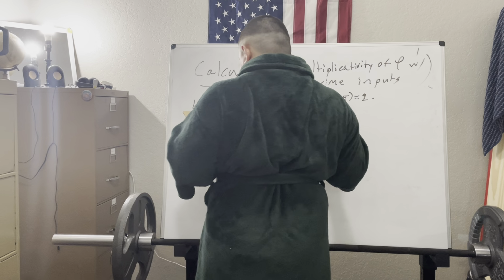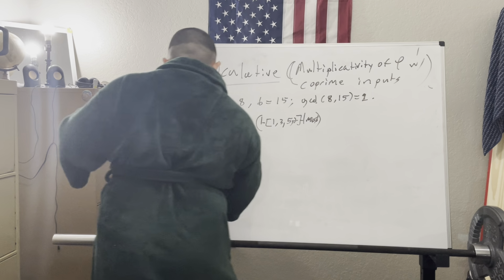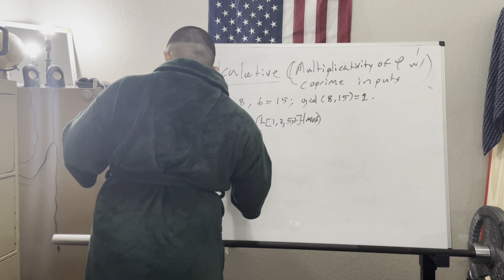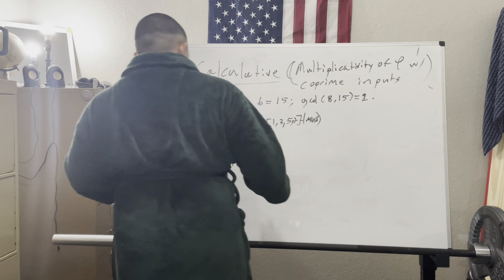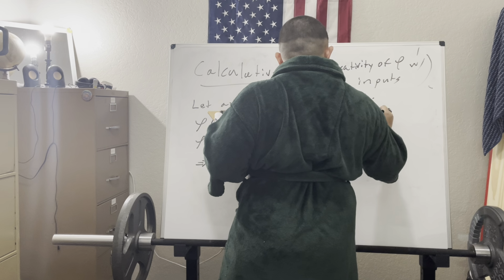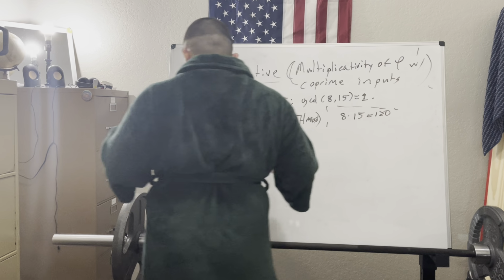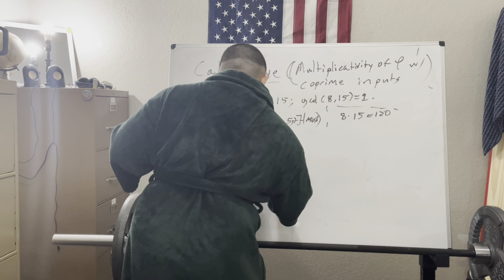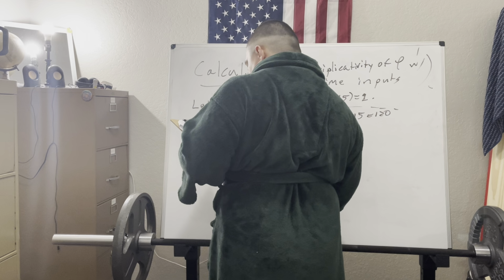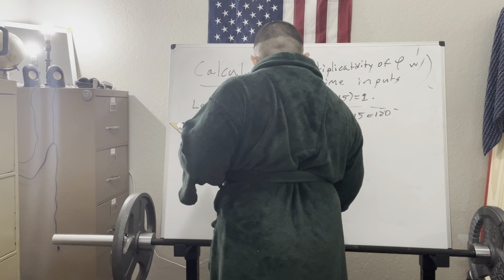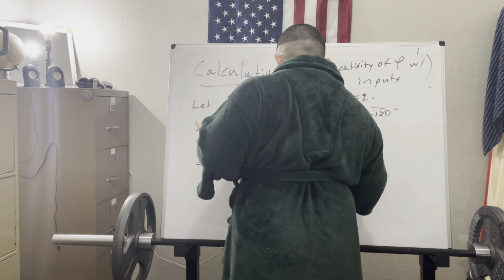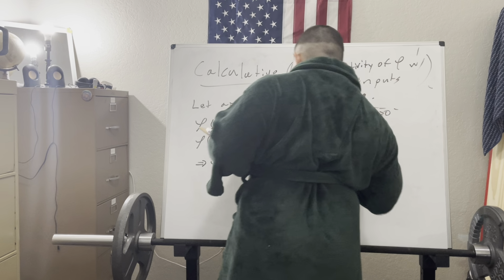Now, what this means is that the totient function of 120, since 8 times 15 equals 120, with what we've seen earlier, should be equal to totient of 8 times totient of 15, which is equal to 32.